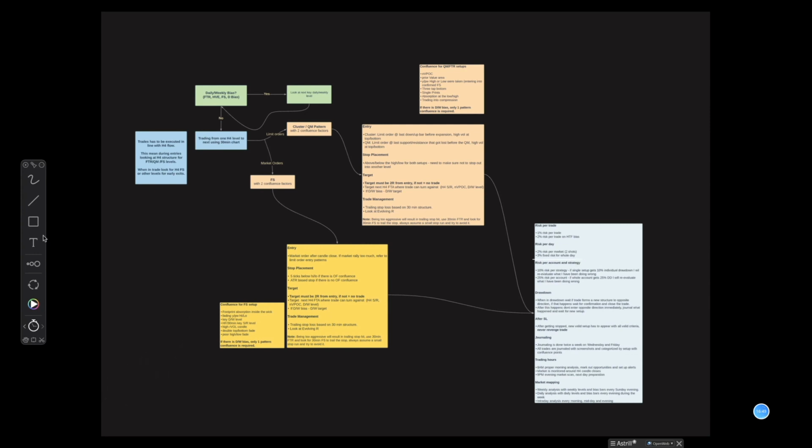3% risk for a whole day. Okay, this is kind of conservative, because obviously you shouldn't be limiting yourself. In the ideal scenario you should be taking every single trade that fits your trading criteria.